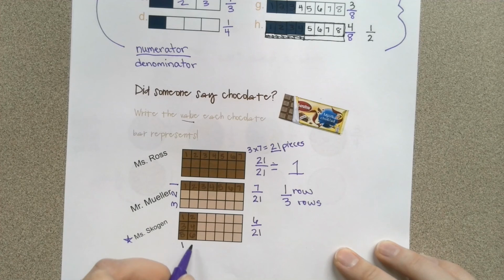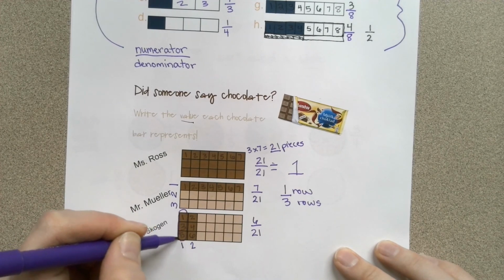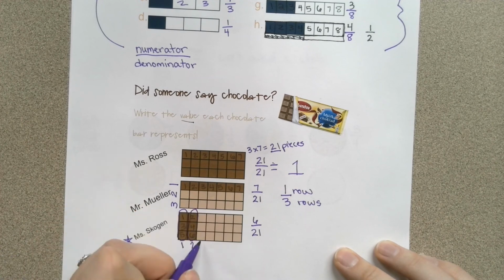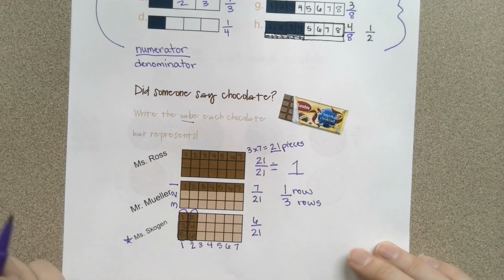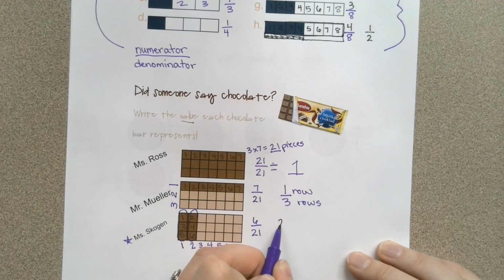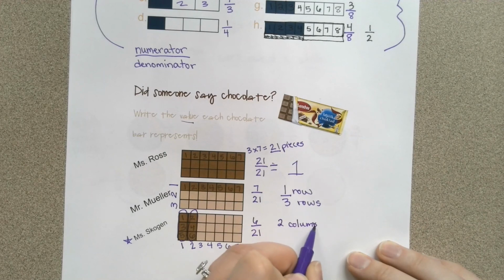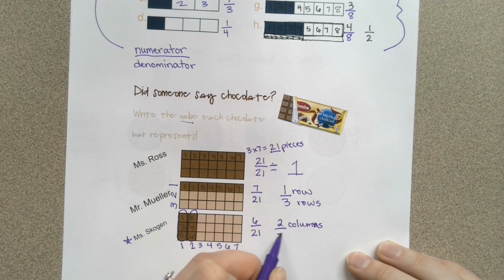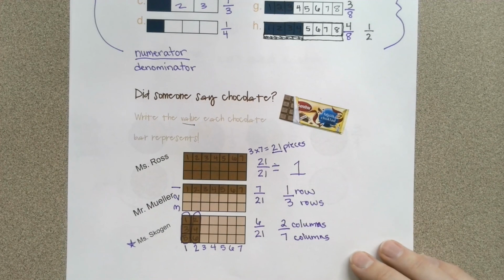I have 1, 2 columns left to eat out of 7 full columns. So we have 2 columns out of 7. So that's another way we could represent that fraction.